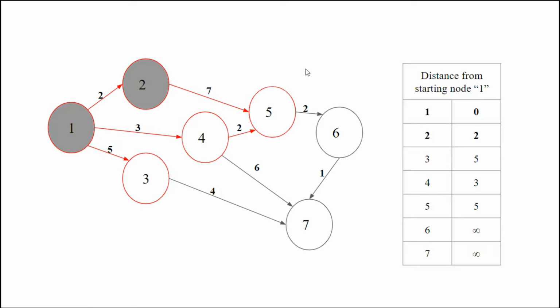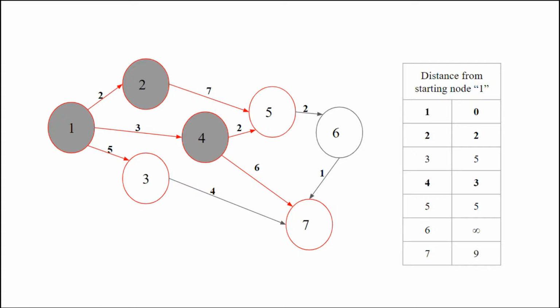So from 1 to 4 to 5, the distance is 5, and so now you just change the value in the chart from 9 to 5. Now you go to the next neighbor of 4, which is 7, and now the distance from starting node 1 to 7 will be 9. You can say that all of the nodes from 4 are visited, and thus 4 is totally visited.